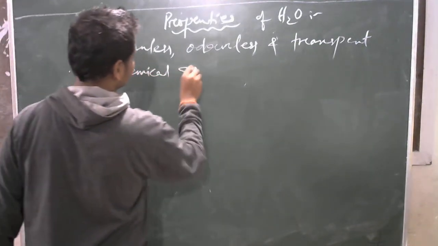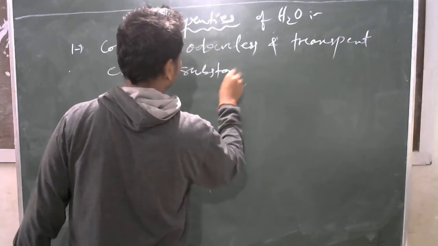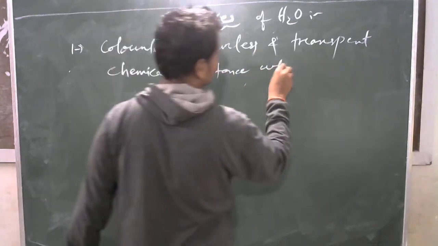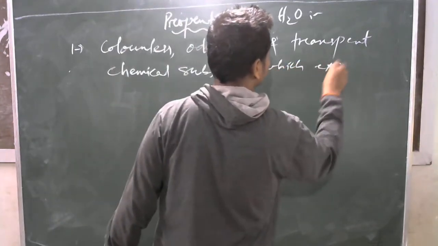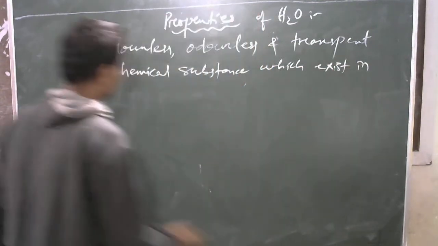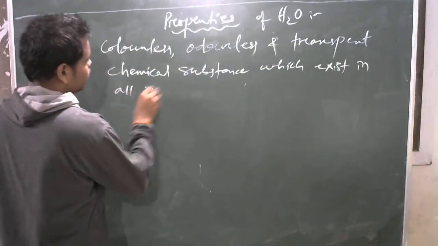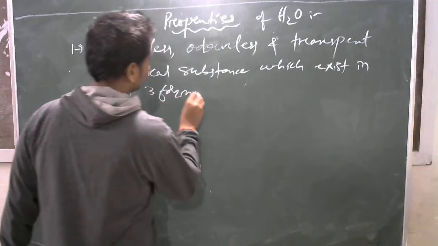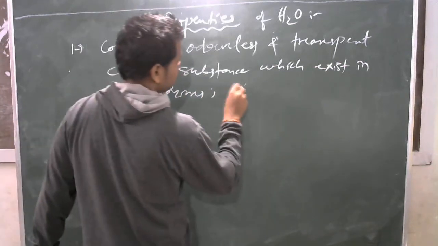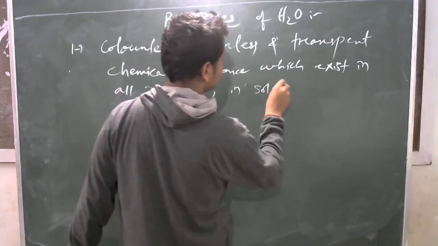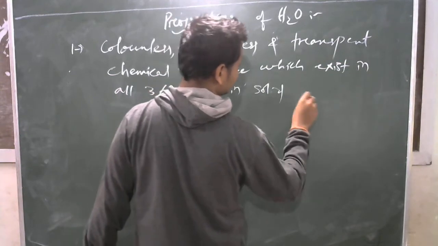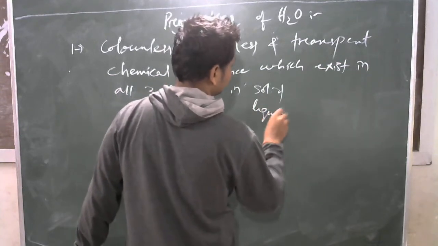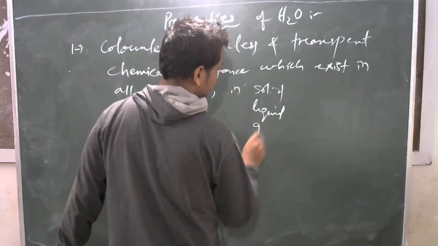Water is a transparent chemical substance which exists in all three forms, that is in the form of solid, liquid and gas.